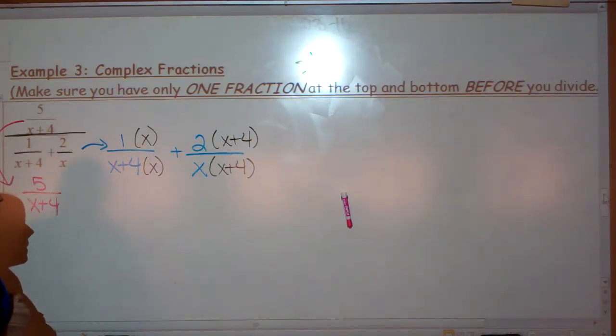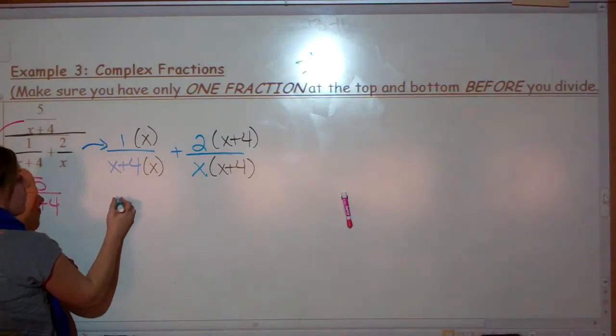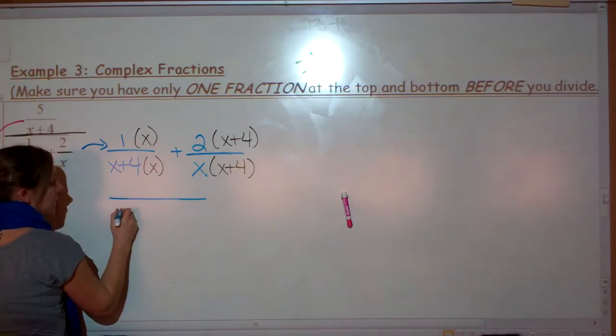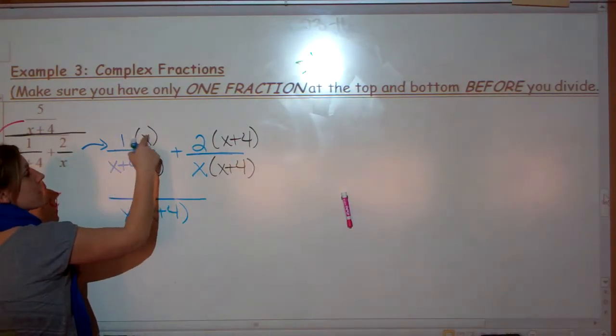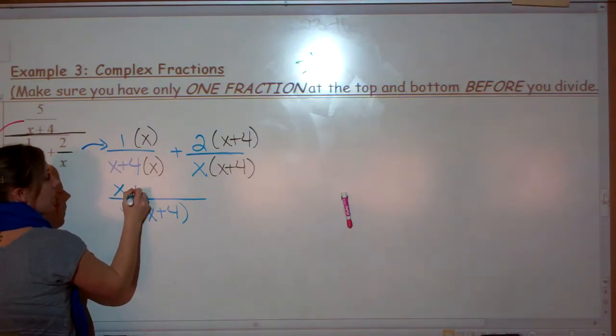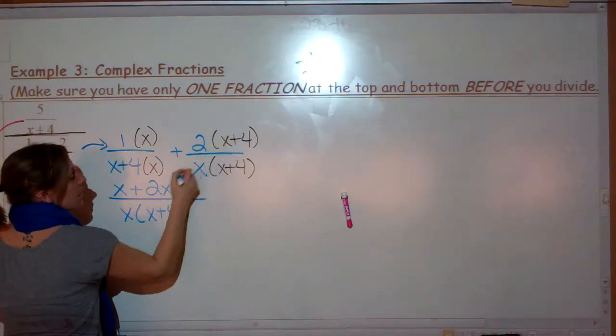Alright, so now that the denominators match, now we will have a fraction, and it will be x times x plus 4. And then the numerator will be an x plus, and then we're just going to distribute, 2x plus 8.